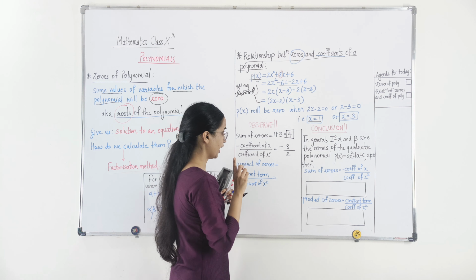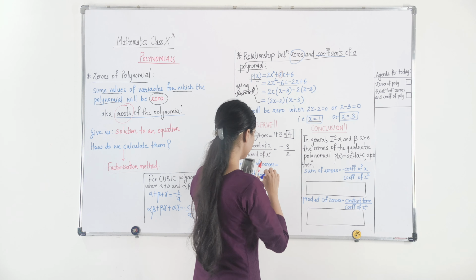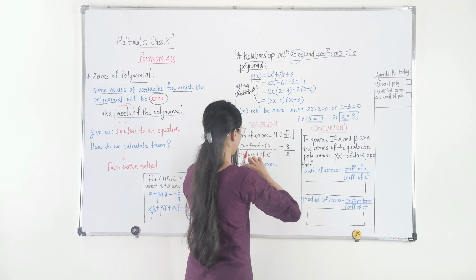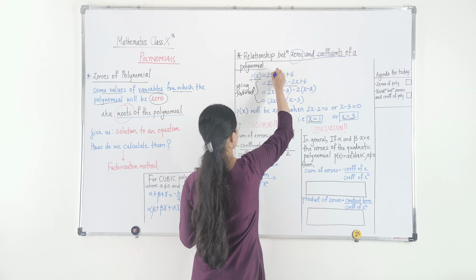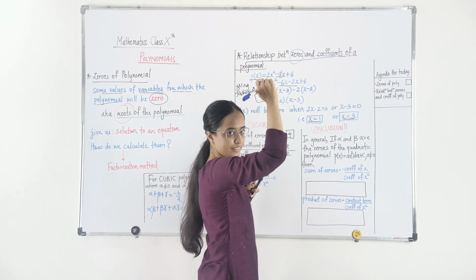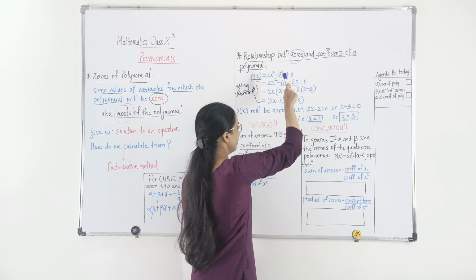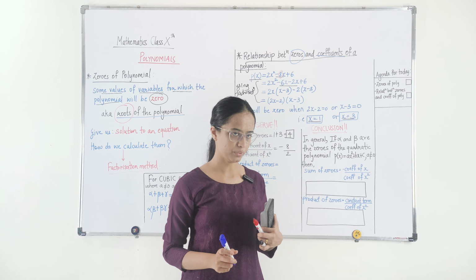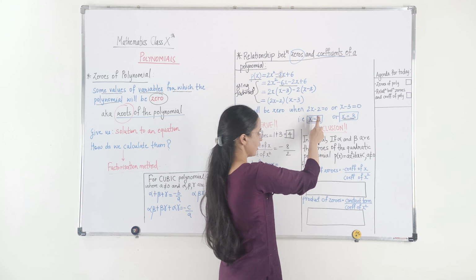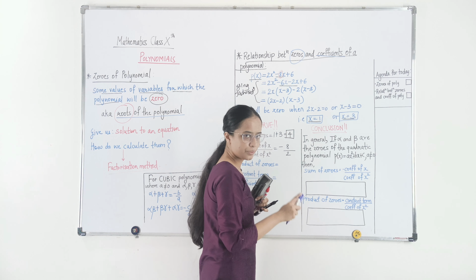Here, I'm so sorry students, if you see, the sign for 8 over here is not plus, it is minus, and since it is minus, that is why our middle term is minus 6x and minus 2x. So when you substitute the value of x as 1, you're going to get 0.